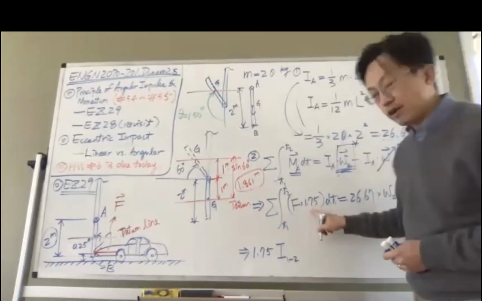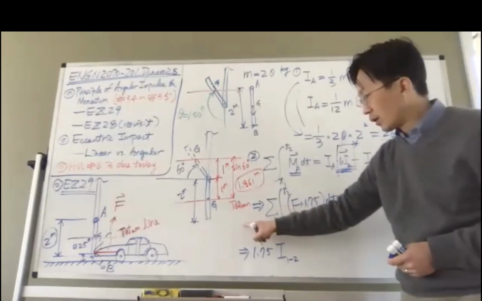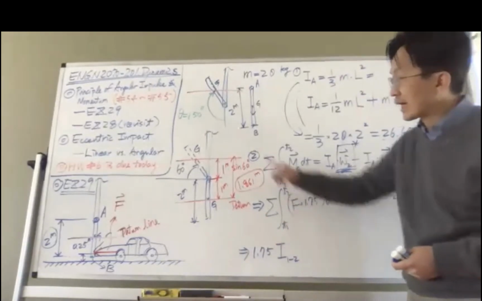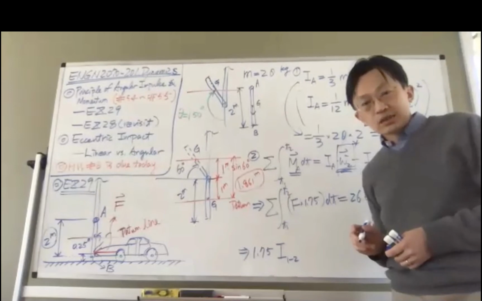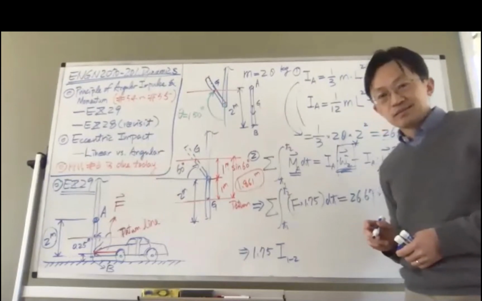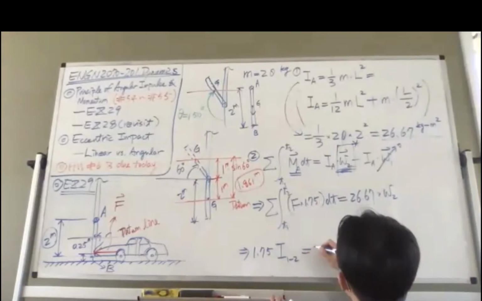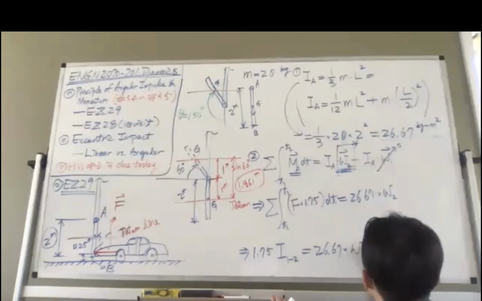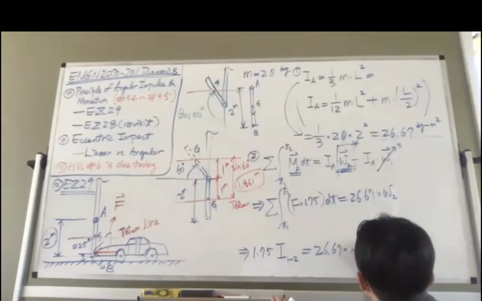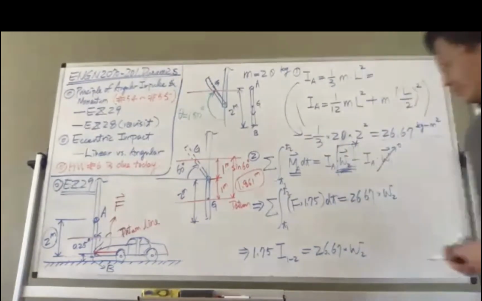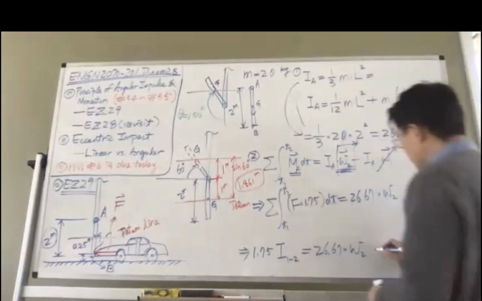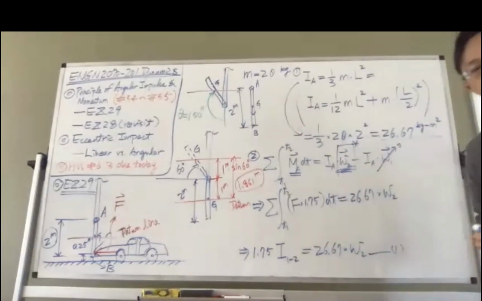Because 1.75 is constant, you can take it out of the integral, and the remaining part is exactly what the problem asks you to determine. So the remaining is just I122, and you're going to write this equals to 26.67 times omega 2. Okay, so this is going to be our first condition.